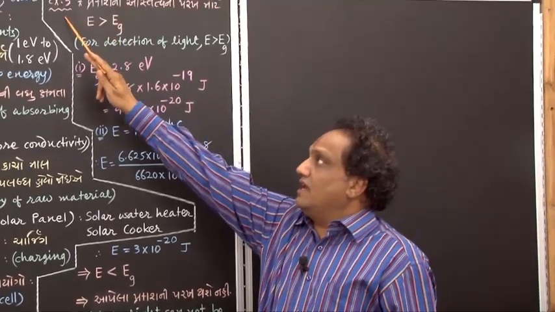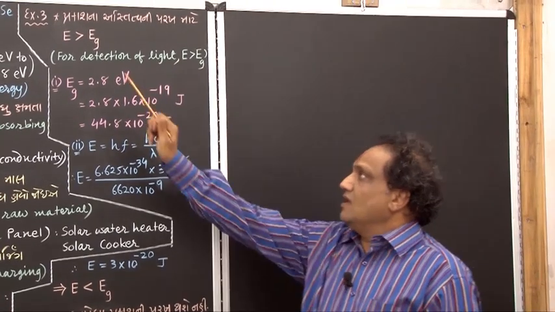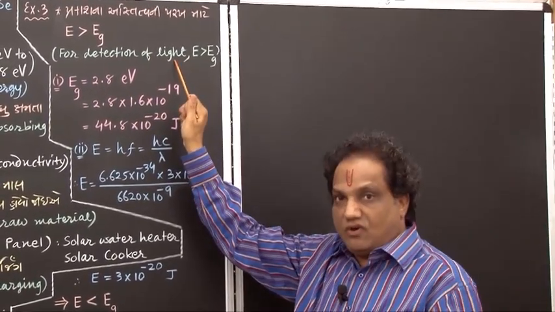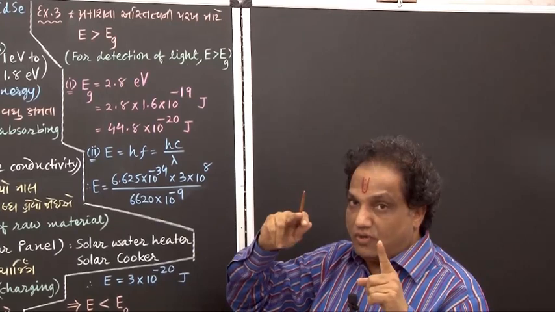Now kindly read the statement of illustration number 3. For detection of incident light, which is made incident on the transparent window of a photodiode, just now I told you about the condition.